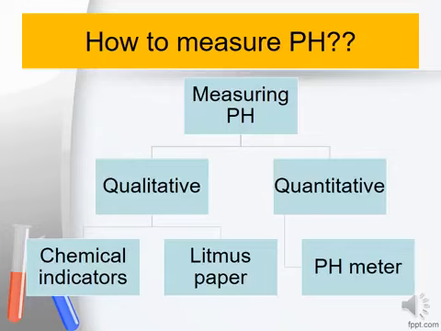So the qualitative method, for example, chemical indicators and litmus paper, will express whether it is acid, base or neutral. But what about quantitative? Quantitative will be expressed in numerical value. Here the numerical value can be got through the pH meter.